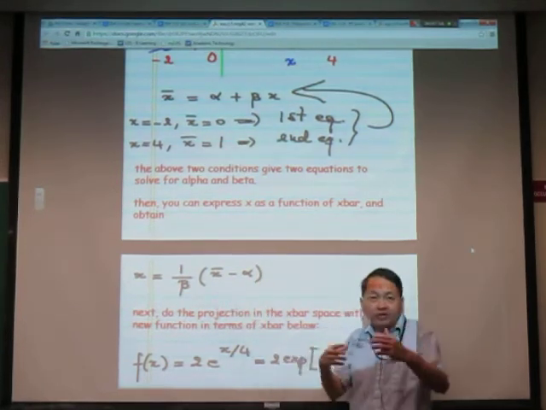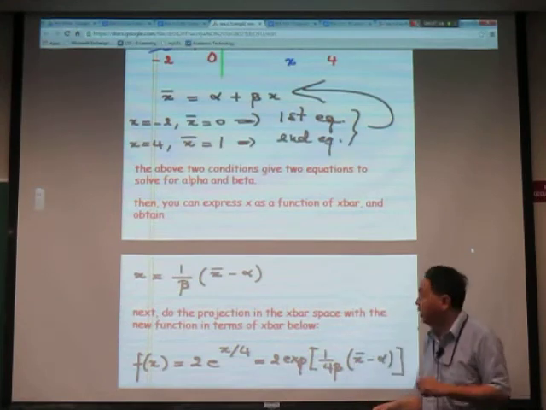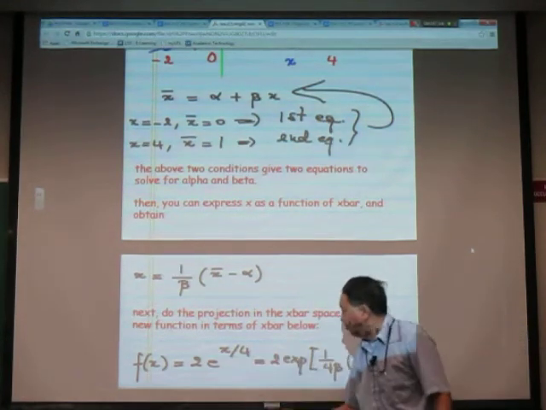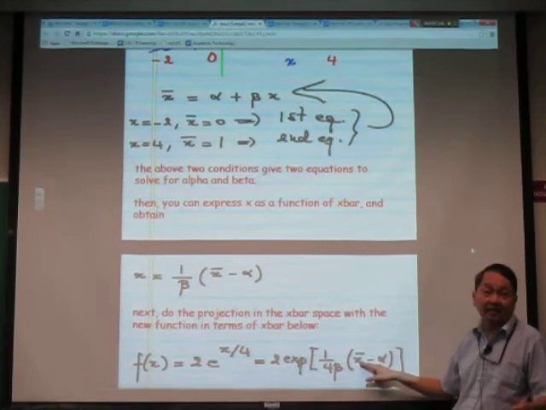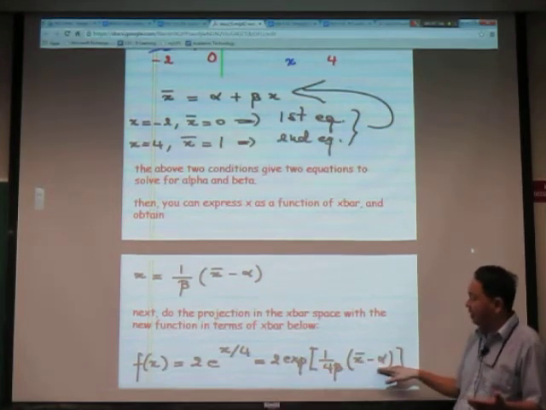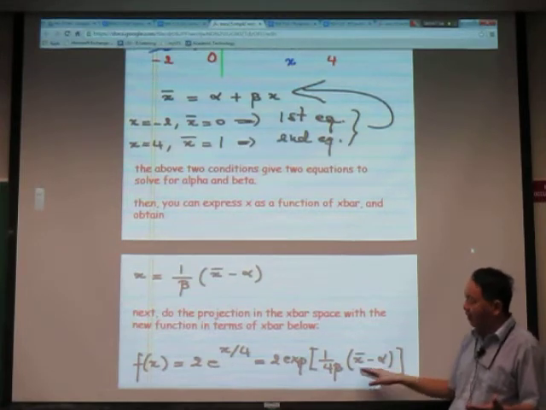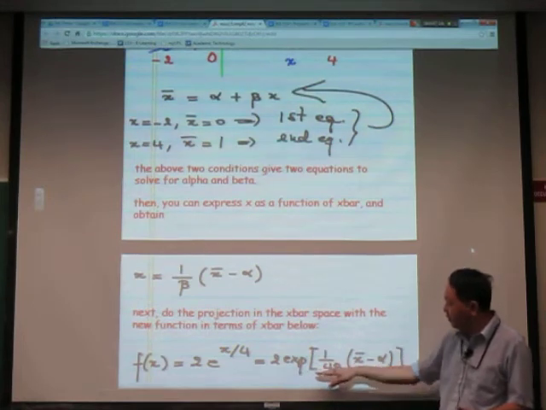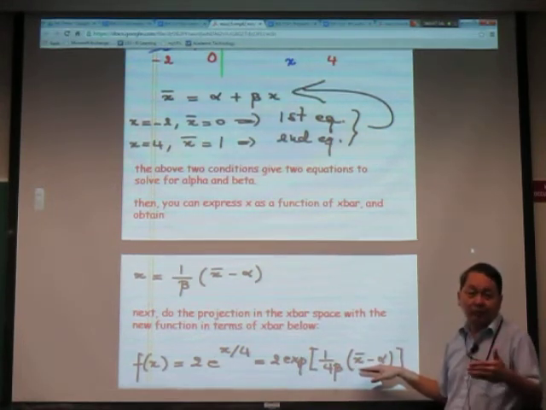Beta and alpha are some numbers that would give you that straight line. And therefore, the function f of x is now expressed as a function of x bar. Once you have this function in terms of x bar, you forget about the old function, work with this function, and use it to do the projection.